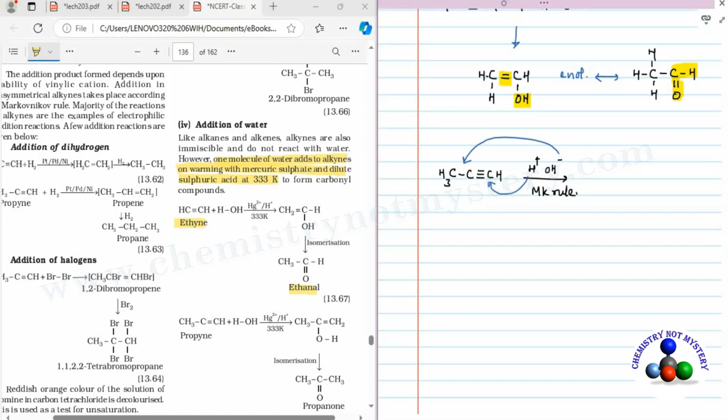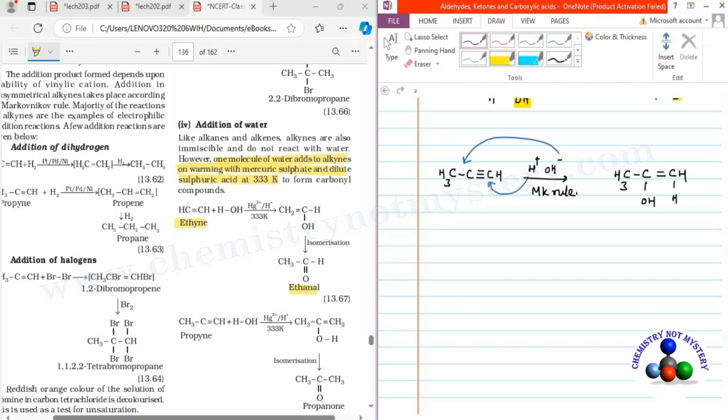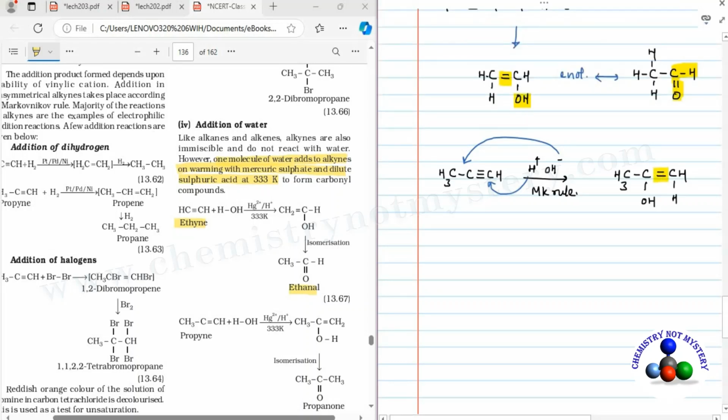So here you will get CH3, C double bond CH. Now here you have to attach OH, and H will get attached to the first carbon. Again this is an enol, double bond and OH.